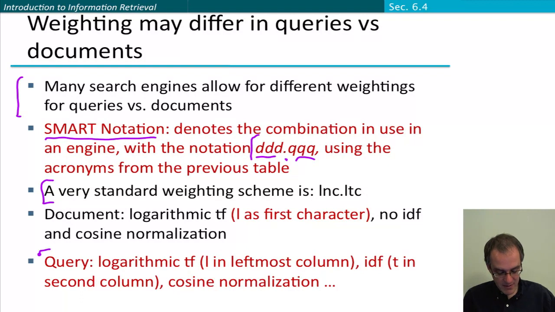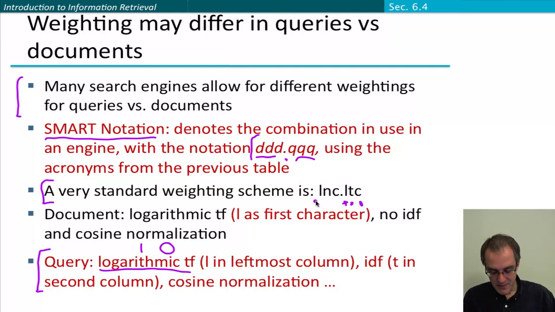If we do the query part of it first, what we find out is that there's log query normalization. Now this only makes a difference if you have long queries, which might mention words multiple times. If you have short queries and no word is mentioned more than once, you're just going to be getting a weight of 1 for words that appear and 0 for words that don't appear. There's then IDF weighting of the query terms and cosine normalization.